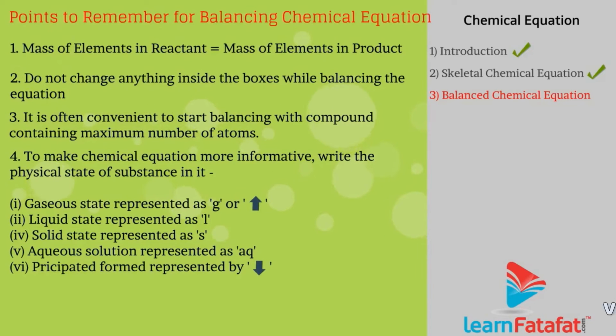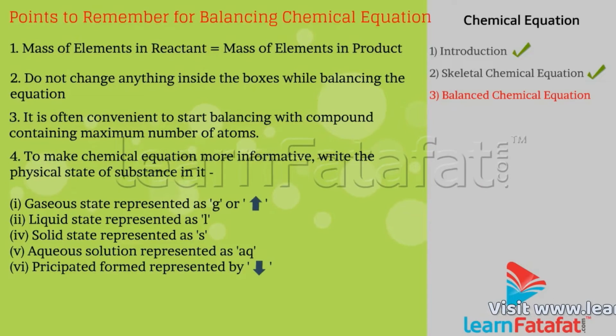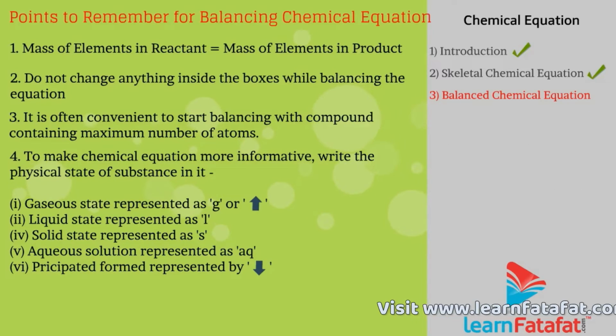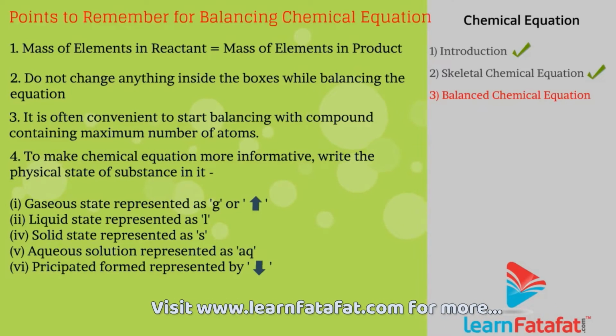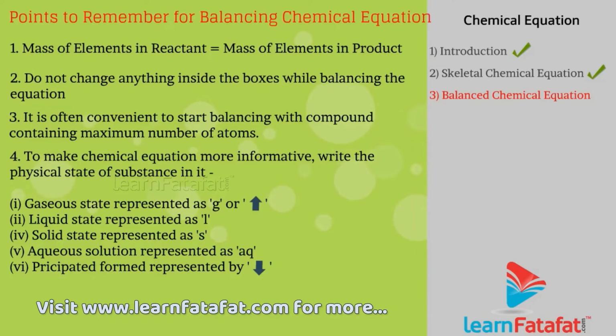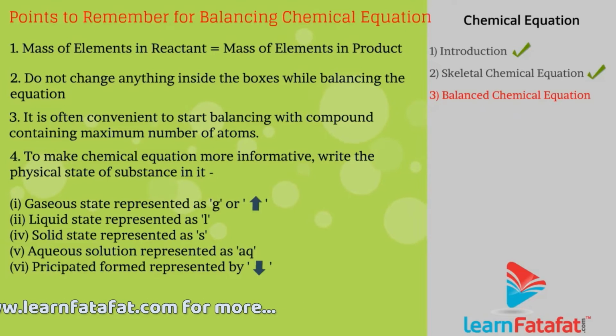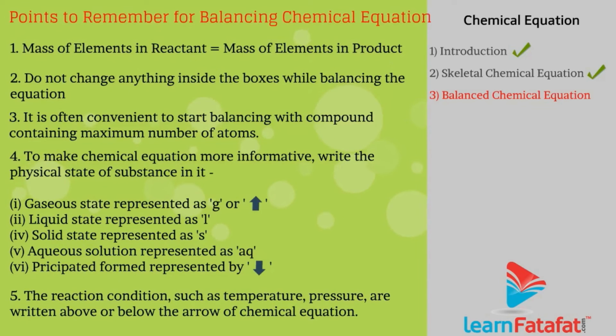Fourth, to make the chemical equation more informative, write the physical state of substances in it, that is, gaseous state, liquid state, solid state, aqueous state, precipitate. Fifth, the reaction conditions such as temperature and pressure are written above or below the arrow of the chemical equation.